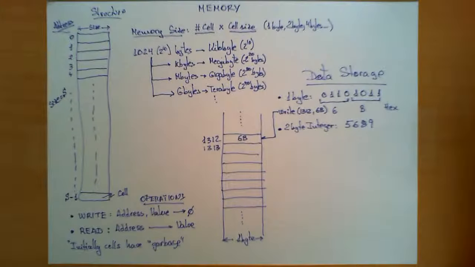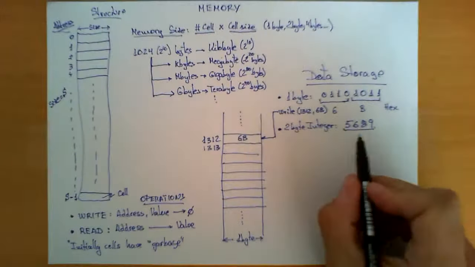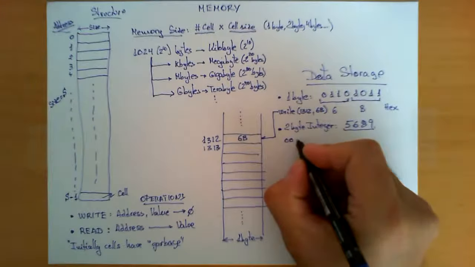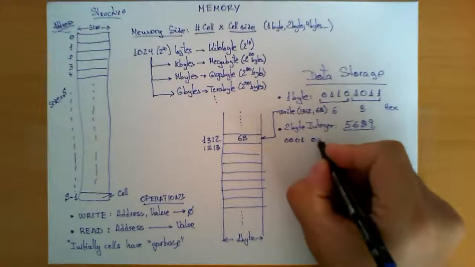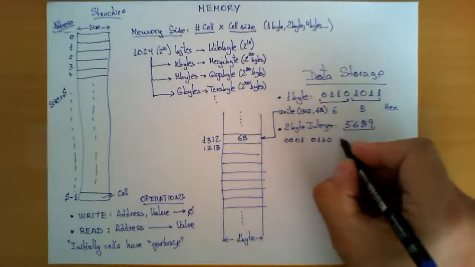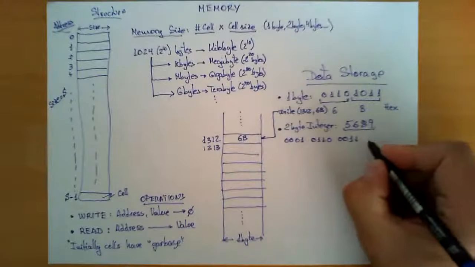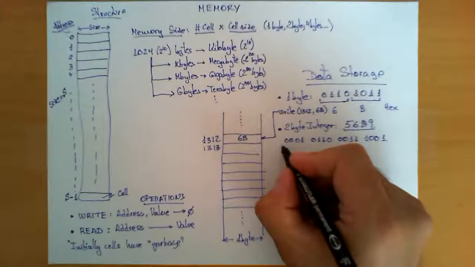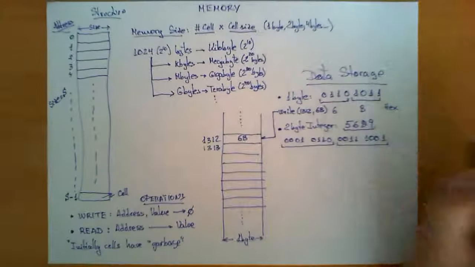First, I need to know what the binary representation of this number is, because my memory is always storing binary numbers. If I translate this to binary, if you do the math, then you end up with the following sequence of bits: 0001, 0110, 0011, and 1001. As you can see, this is the first byte and this is the second byte.